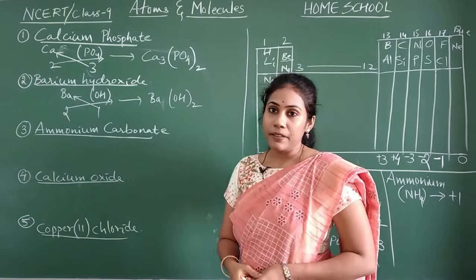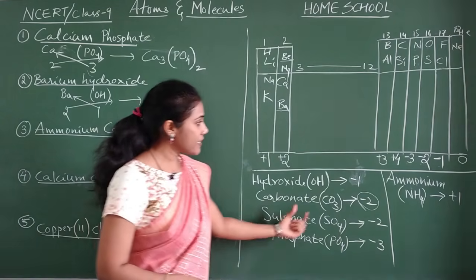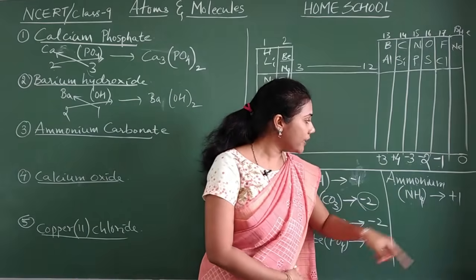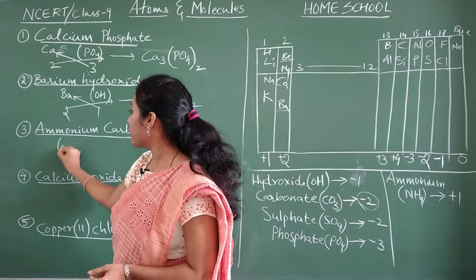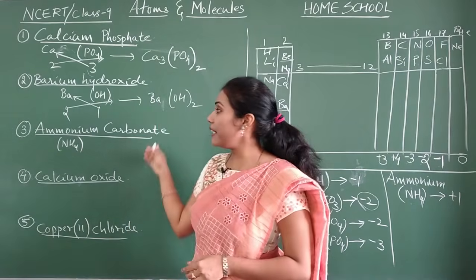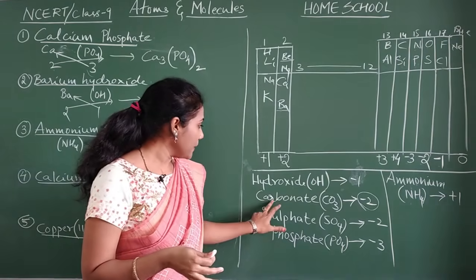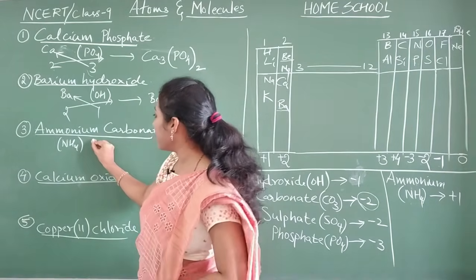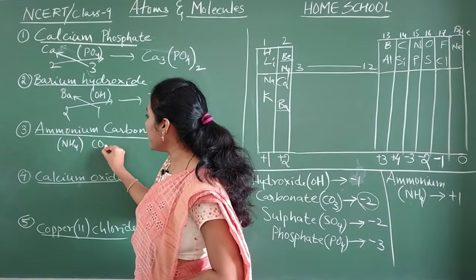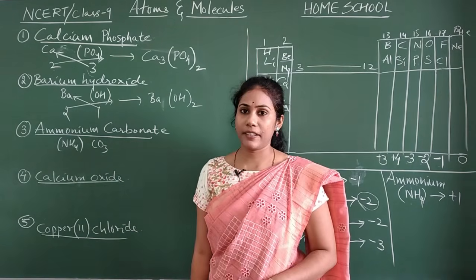Ammonium carbonate. Ammonium is a polyatomic group, guys. Ammonium is NH4. Carbonate is also a polyatomic group, yes or no? Carbonate is CO3. One you mention in a bracket; the other need not be in a bracket.